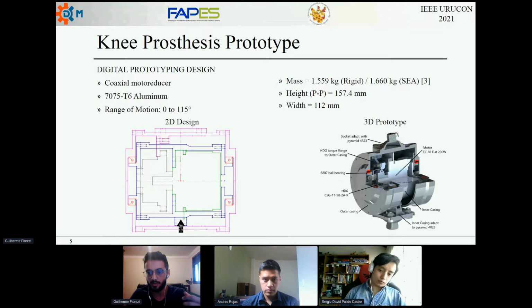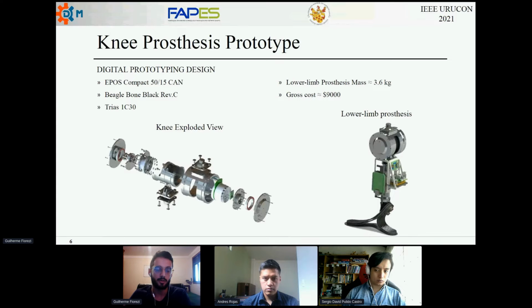The overall height between the pyramid adapter's extremities is 157.4 millimeters, with a maximum width of 112 millimeters, which shows adequate values in comparison to previous works. Also, all this structure that we had to manufacture is made of 7075 T6 aluminum to maintain its resistance while reducing the weight of the prosthesis.